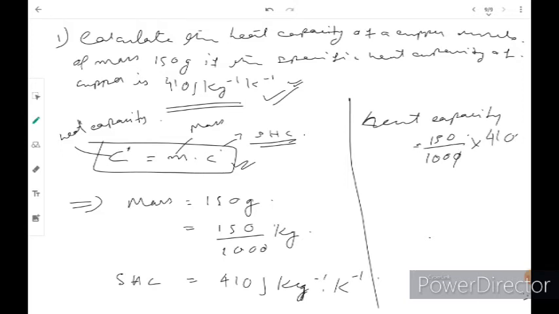We cancel here, and after multiplying we get 615 divided by 10, which is equal to 61.5 joule per Kelvin. So this is the answer.